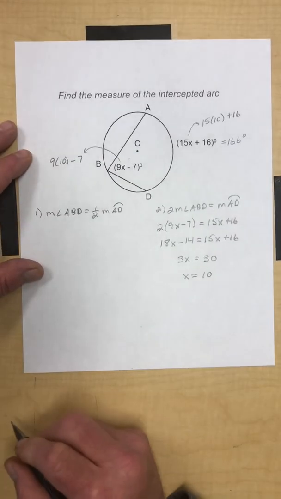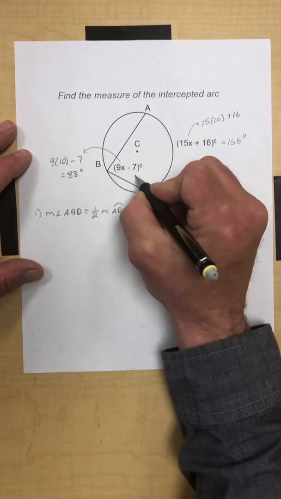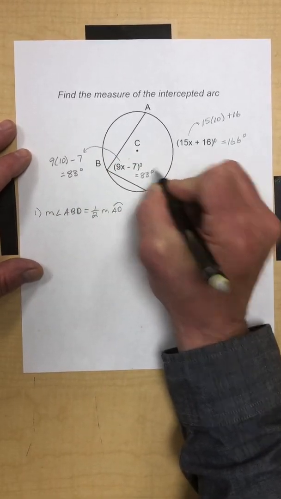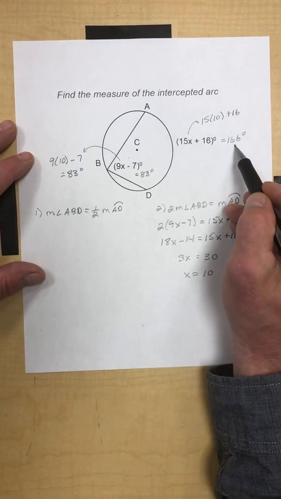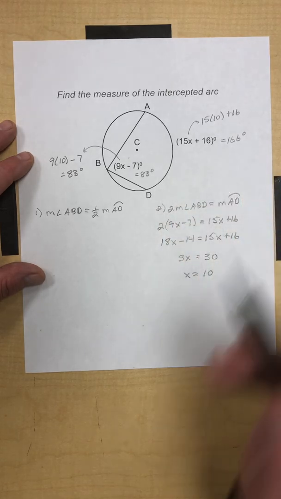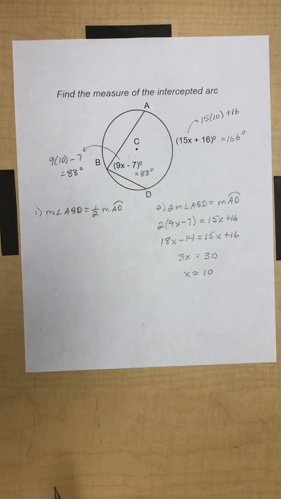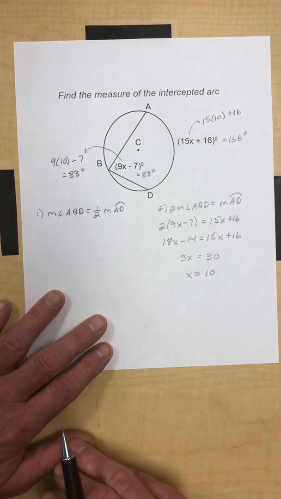That'll give me 90 minus 7, which is 83 degrees. So this guy is 83 degrees. And then you can check. Notice that half of 166 is 83, and 2 times 83 is 166, so we should feel in good shape about our answer using x equals 10.